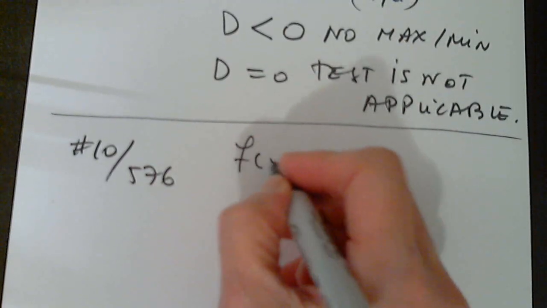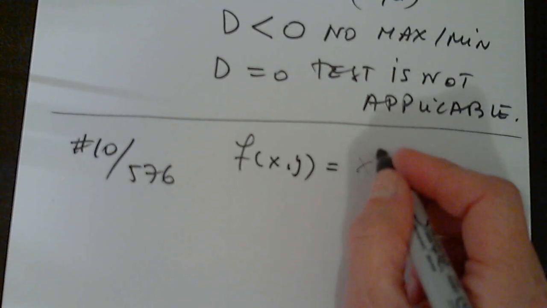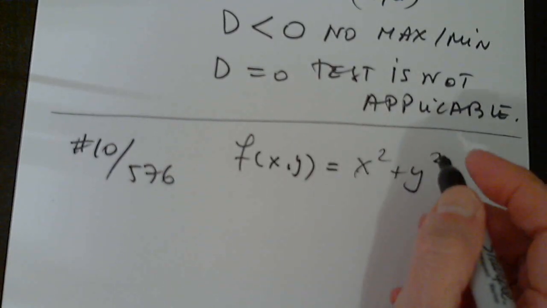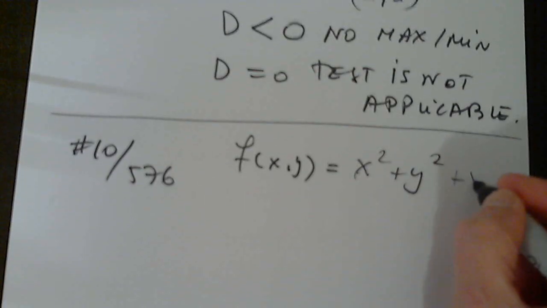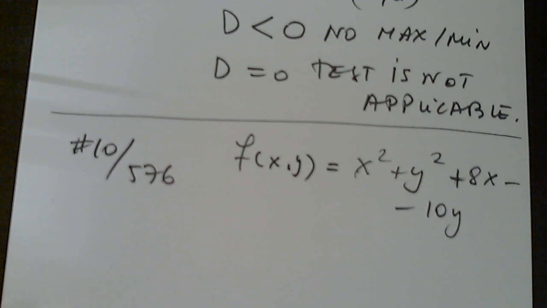So we're given the function f of x comma y, and that is x squared plus y squared plus 8x minus 10y.